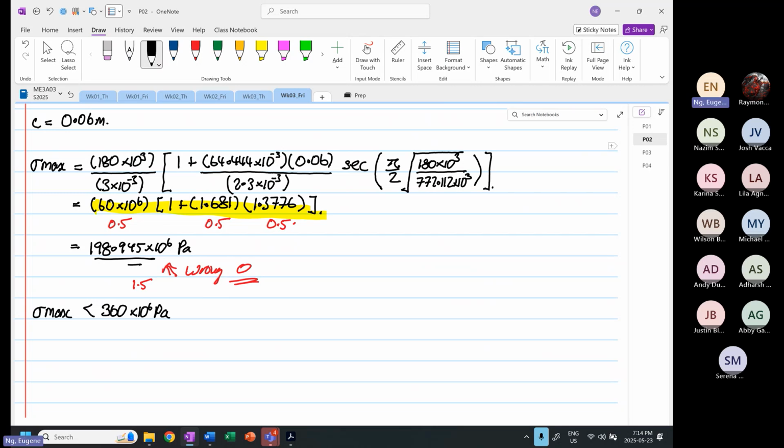So for the structure, you can write: the structure will not buckle or yield due to eccentric loads or loading. Okay.